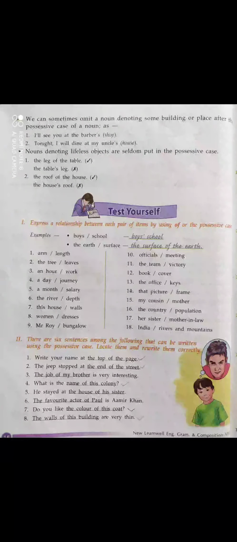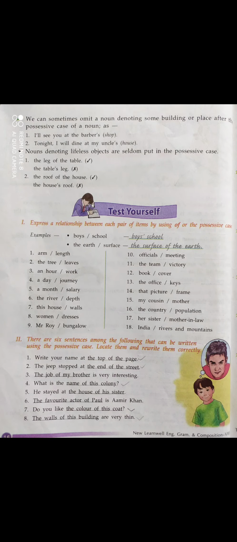Now third, the job of my brother. Brother is a living person, so we can use the possessive case here. So the third sentence is wrong. It's better to say my brother's job. My brother's job is very interesting. Now what is the name of this colony? Colony is an inanimate, lifeless object, so it is right.